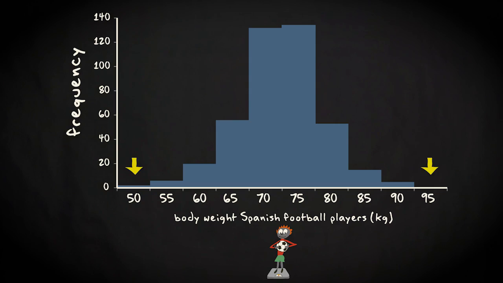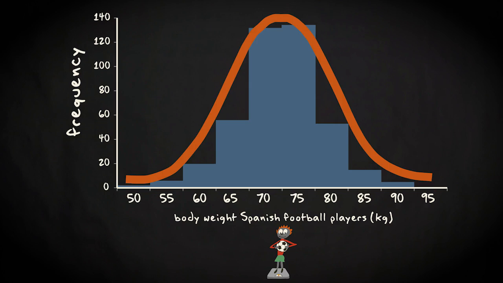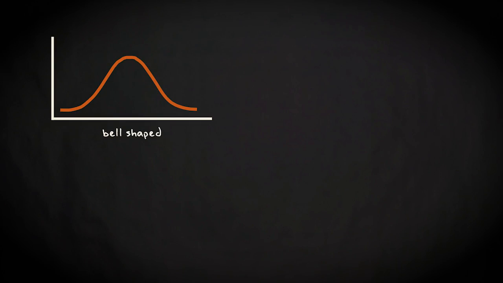As you can see, this histogram has a particular shape. It has the shape of a bell, has one peak, and is approximately symmetric. You will encounter such distributions very often. But not all histograms have this shape. A histogram can also be skewed to the left or to the right. A skewed histogram is not symmetric because one side of the distribution stretches out further than the other.